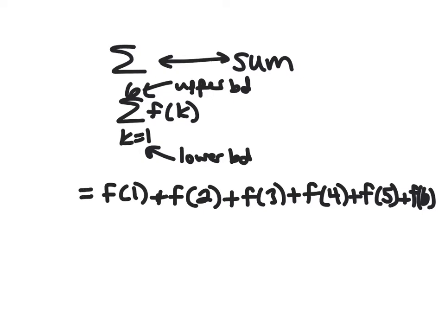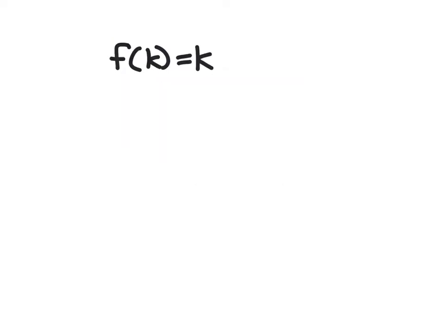So let's see an example where I actually give you a function f. So let's do a real simple one. Let's just look at when f of k is k itself. So if I write here, let's just sum from 1 to 5 this time, say. And we would put k here on the inside because that's my function. And so this says, okay, I plug in k equals 1.